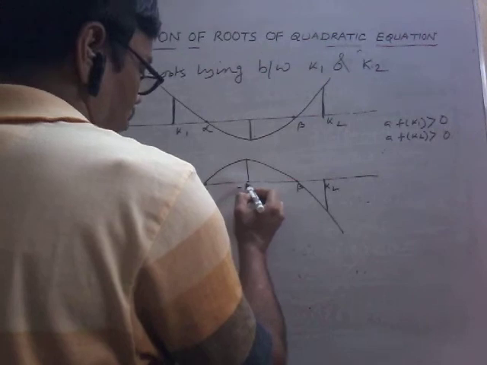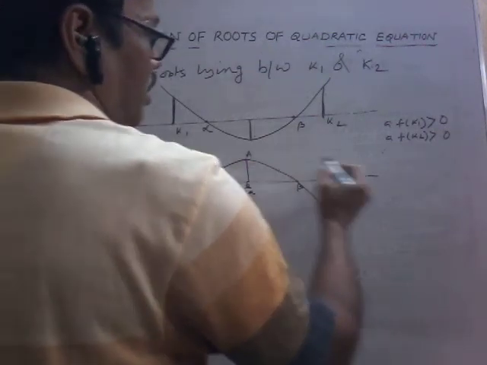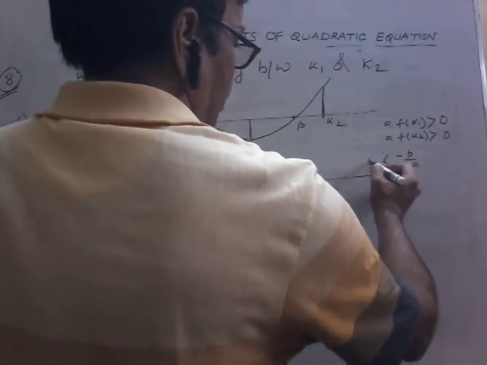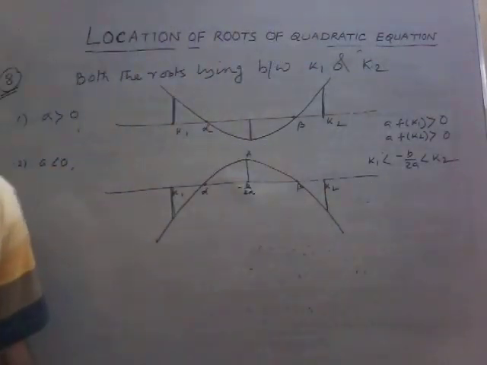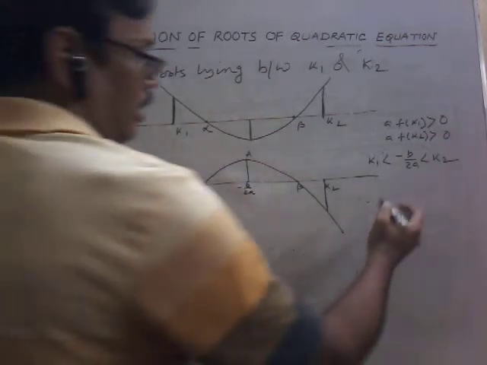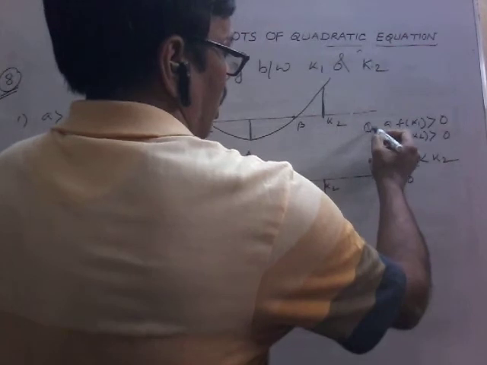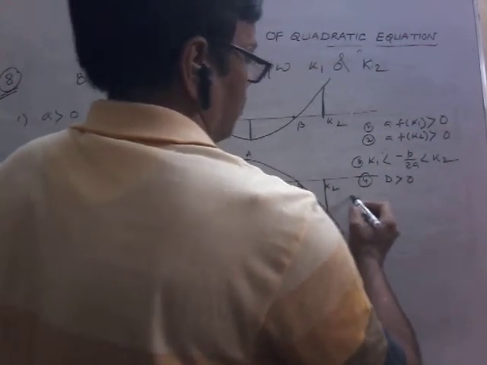Now look, minus B by 2A, this is the vertex, minus B by 2A less than K1. If we draw the figure, then the condition is obvious, and D greater than 0. So 1, 2, 3, 4.